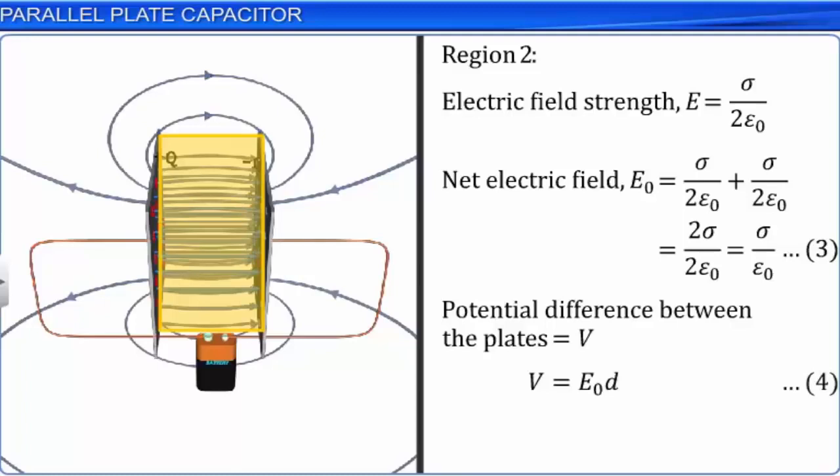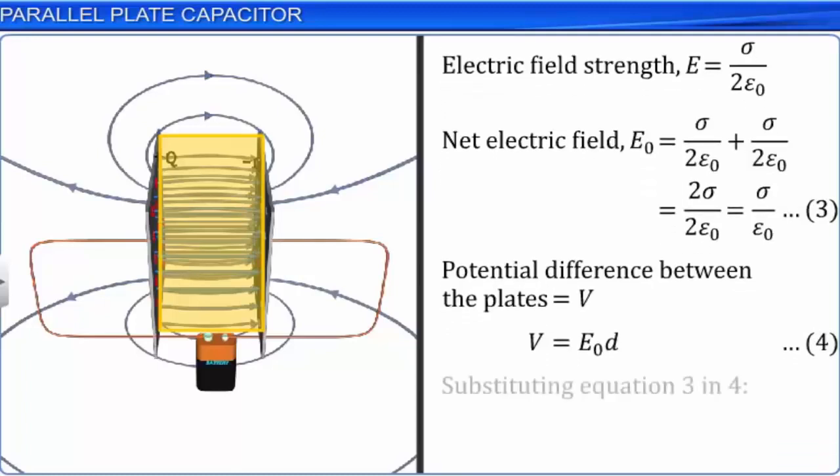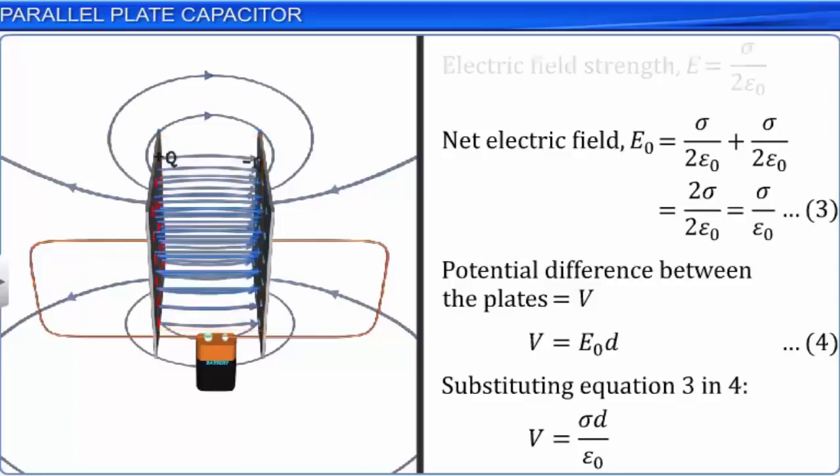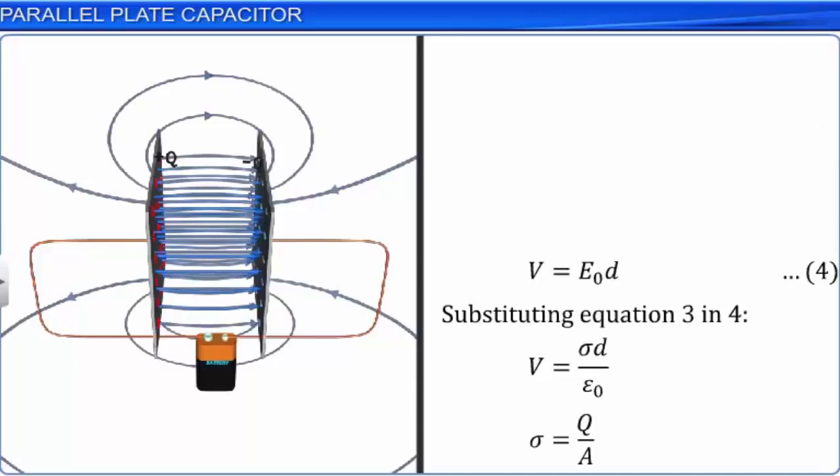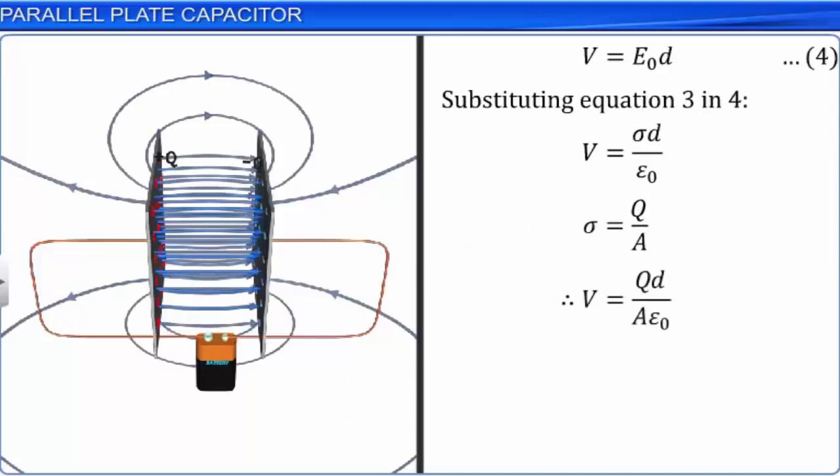Substituting equation 3 in 4, we get V is equal to sigma D by epsilon naught. But we know that the charge density sigma is equal to Q by A. Therefore, we have V is equal to QD by A epsilon naught. Let this be equation 5.